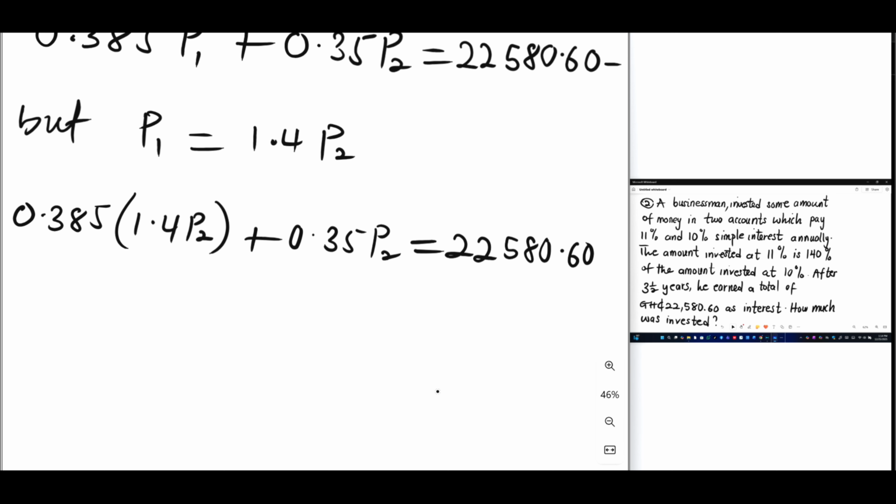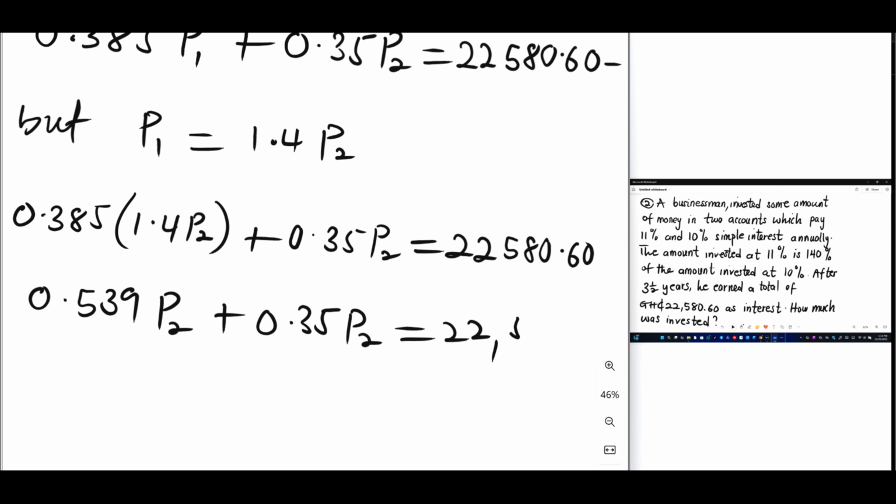So we now multiply 0.385 by 1.4. We are going to get 0.539 P2 plus 0.35 P2 all equal to 22,580.60. So we now have the equation in terms of only P2. We can now add these since they are like terms.